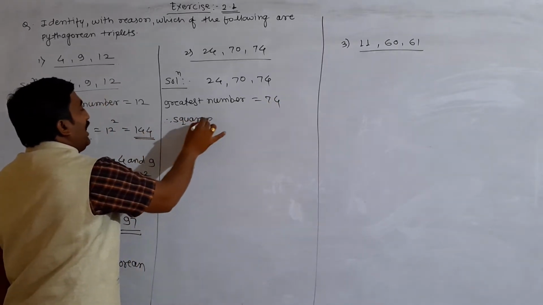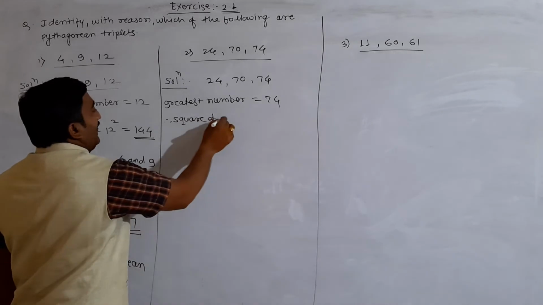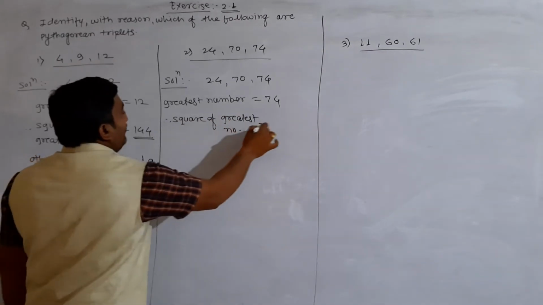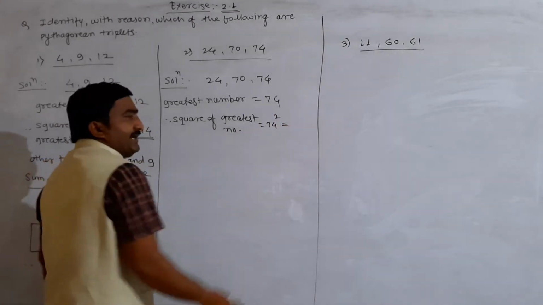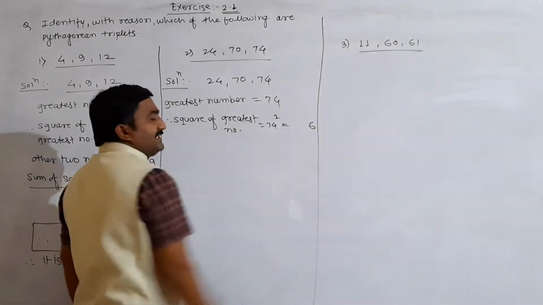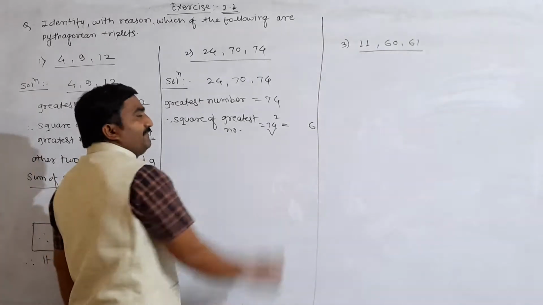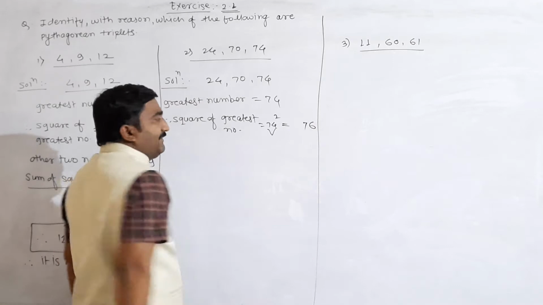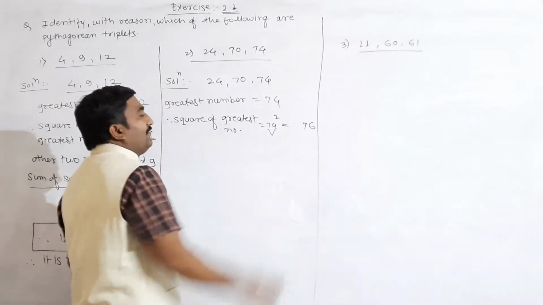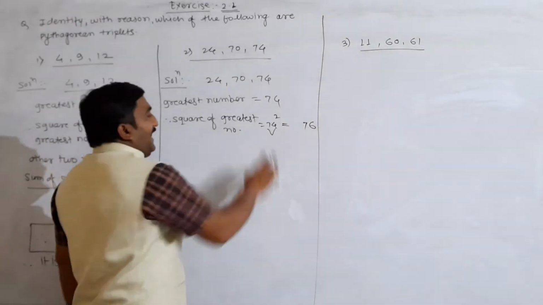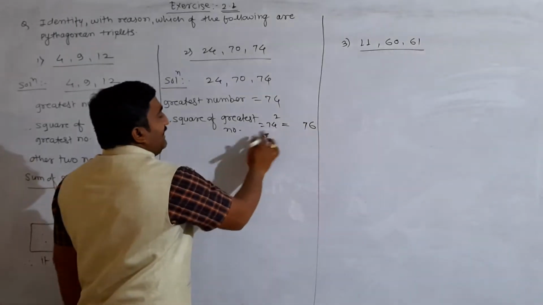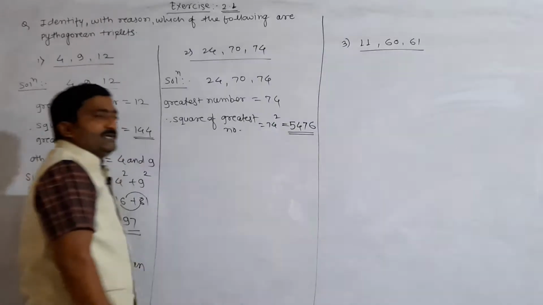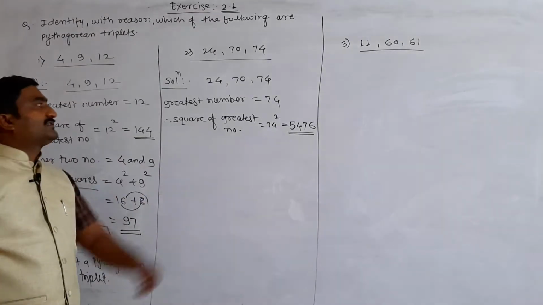Therefore, the square of the greatest number, 74 square: 4 square is 16, write 6 and carry 1; 7 fours are 28, 28 plus 1... so 74 square is 5476.